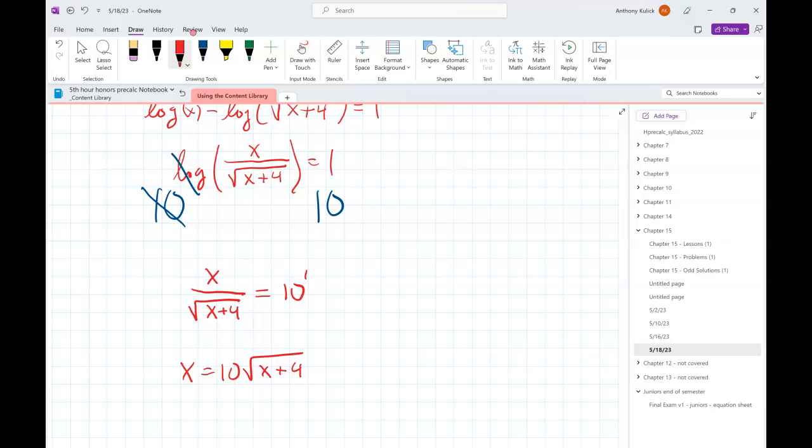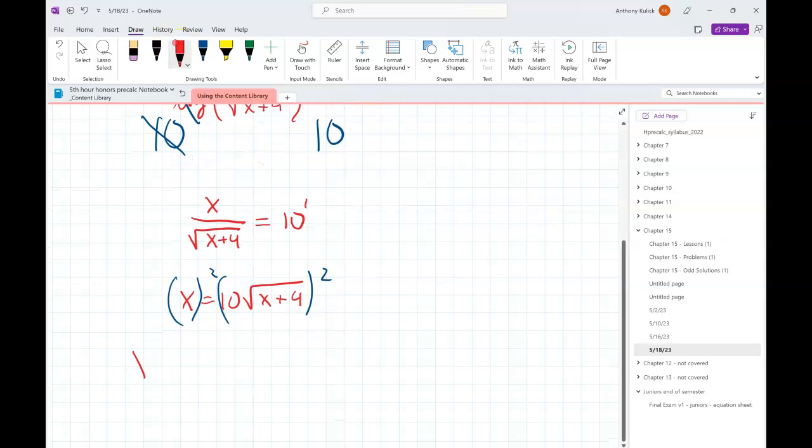Okay. And again, I'm noticing that I have x's in two different locations, right? What I want to do now is to get the x's out from underneath the square root. So to do that, I'm going to square both sides. So 10 squared is 100.